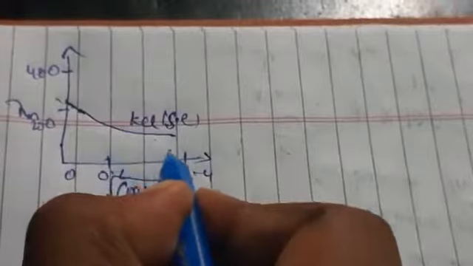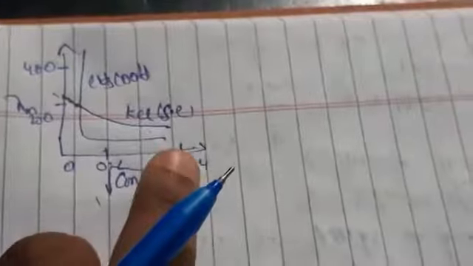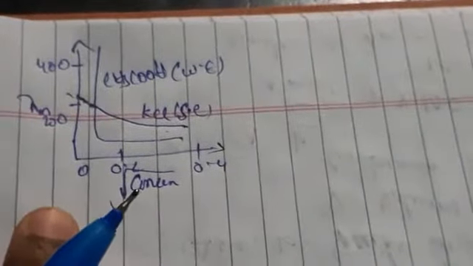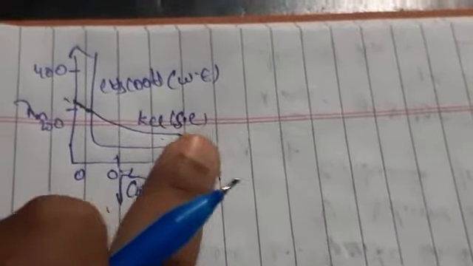In a similar way, I am taking a weak electrolyte, that is CH3COOH. When we increase the concentration for the strong electrolyte, it approaches the 0 value of molar conductance.